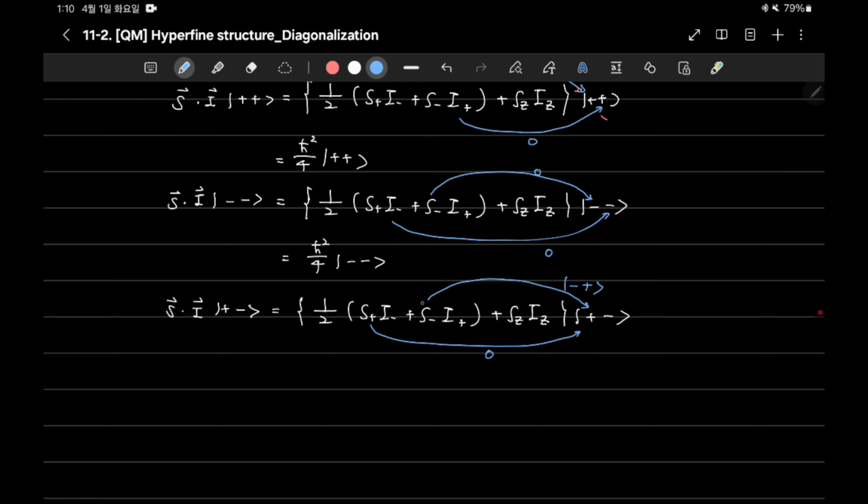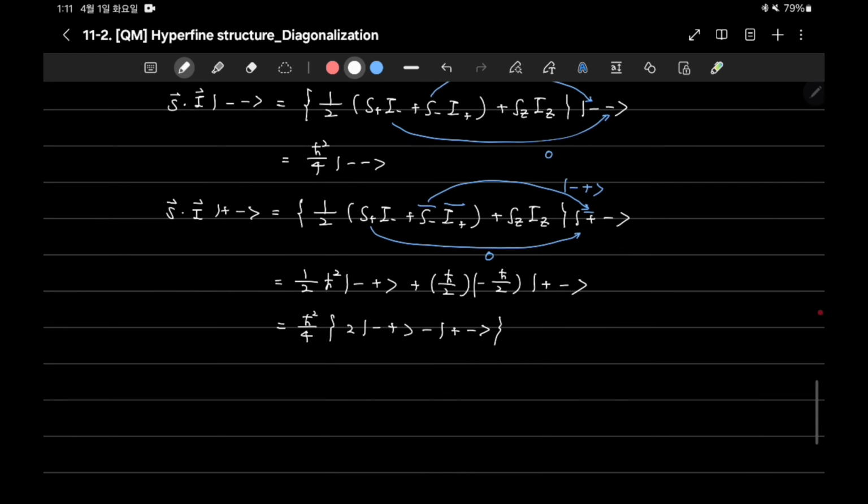So here s minus becomes a lowering operator, and s plus makes the plus, so it makes minus plus. So here you can write down 1/2 h bar square minus plus, and plus 1/8 minus plus minus. Okay, so it is h bar square over 2 times minus plus, minus plus minus. It makes it like this.